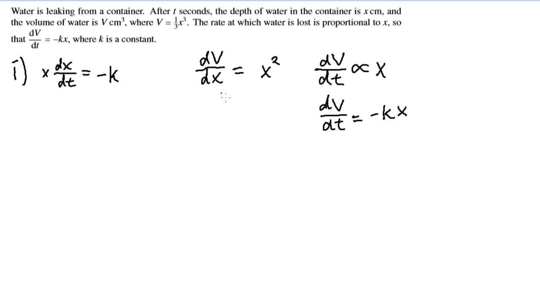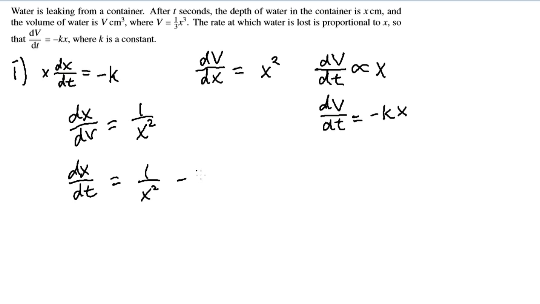So in order to find an expression for dx by dt, we need to use these two, dv by dx and dv by dt, and cancel out the dv. So in order for dx to be on top, we take the reciprocal of dv by dx, so dx by dv is equal to 1 over x squared. Multiply that by dv by dt, we get dx by dt equals 1 over x squared multiplied by minus kx.